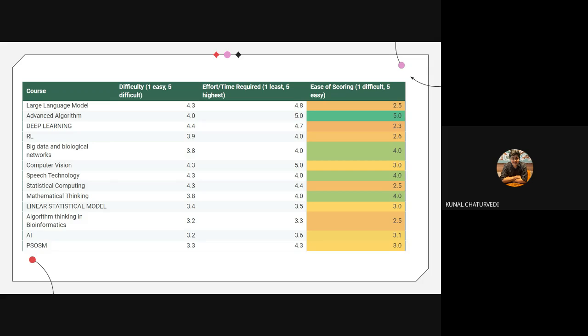If this clash is happening, they released a form right now, so you need to fill that form and they will try to accommodate your 1 credit or 2 credit exam in the forenoon slot for the same day that the clash is happening in.